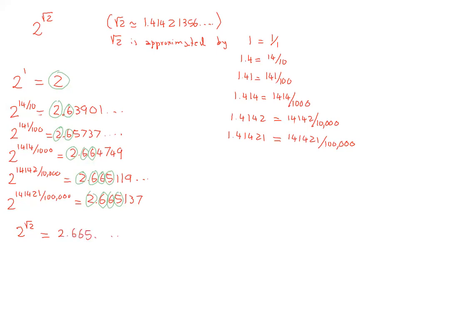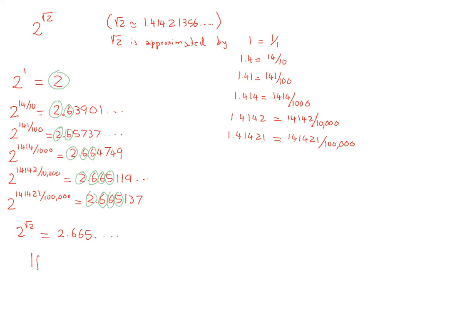And of course, if you want more decimal digits, you may have to check out more or closer approximations to the exponent. The bottom line is that this way, eventually, we can define.